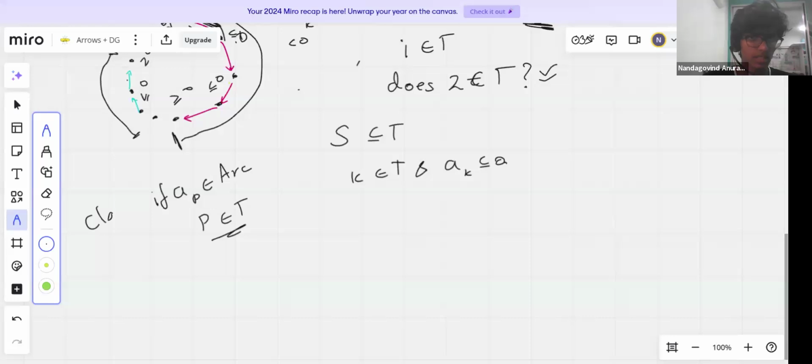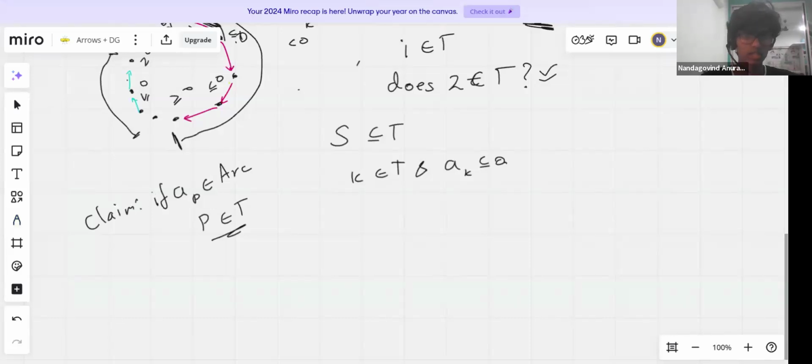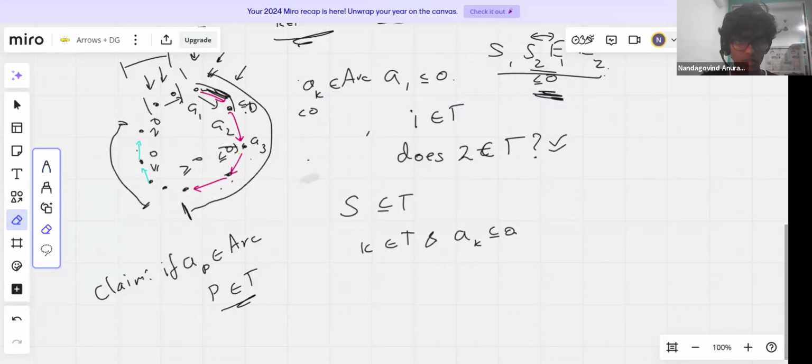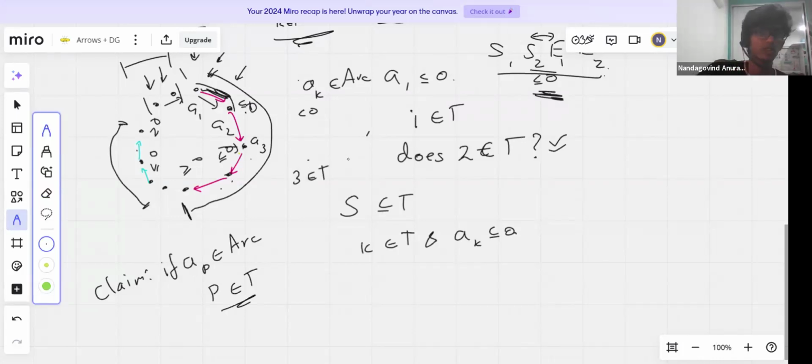This is the claim. Does anyone have any idea why? So I want you to show me that this element belongs to the arc. Like if this is A1, A2, A3, dot dot dot, then my claim is that A3 belongs to T, and we're only using the things that we have said so far.